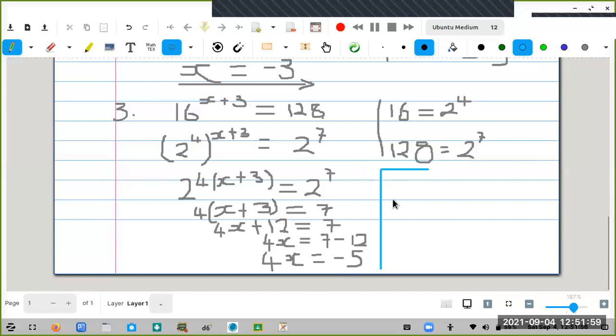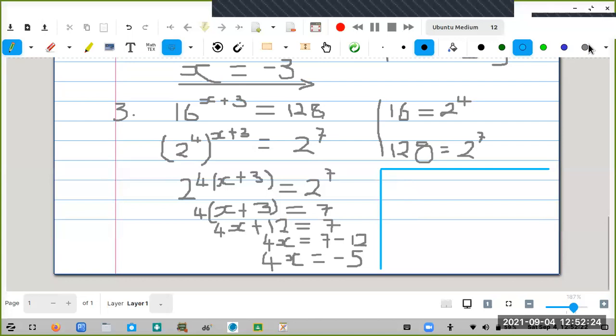We have to transpose what? 4. 4 is multiplying x. So when we transpose that 4, it will then become what? Division. So we are using the multiplicative inverse of 4. It's like we are saying we divide both sides by 4.